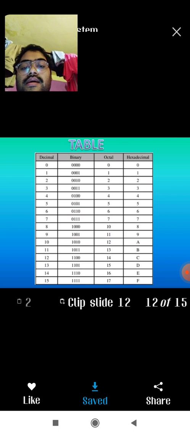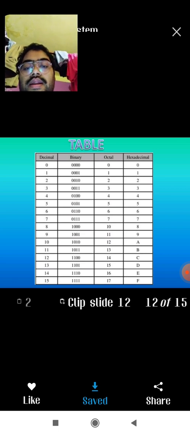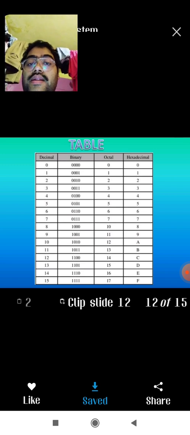Then 10: 1010, then it is 12 in octal, and in hexadecimal A. So you can always remember that in the hexadecimal system 10 to 15 you have to write A B C D E F. Then it starts from 1 again.